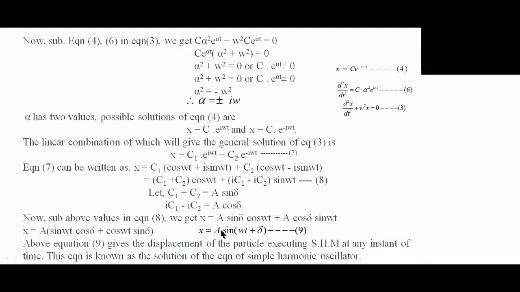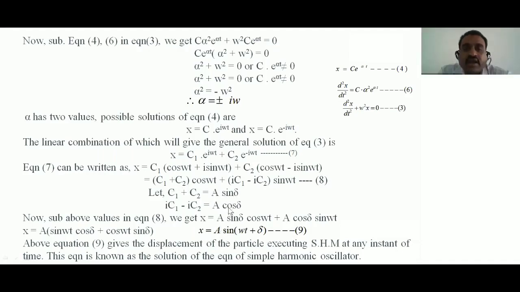So this constant is the amplitude and some sine of angle. So c1 plus c2 is equal to A sin delta, and i c1 minus i c2 is A cos delta, depending on this amplitude. We take sine and cos.